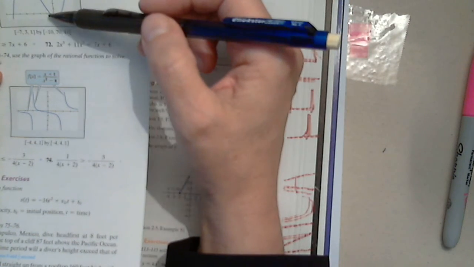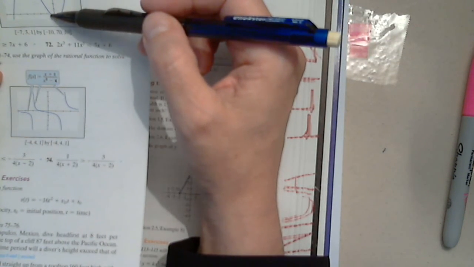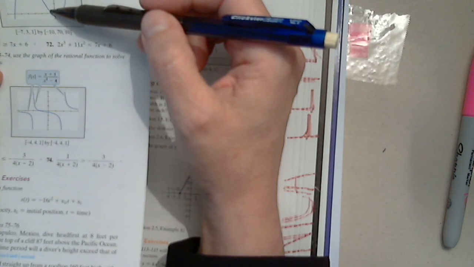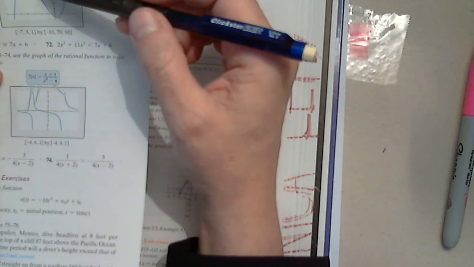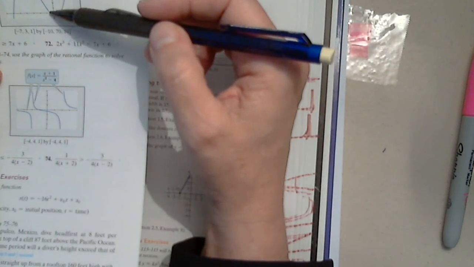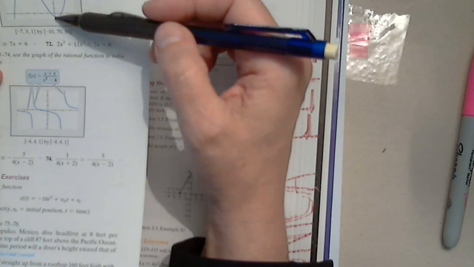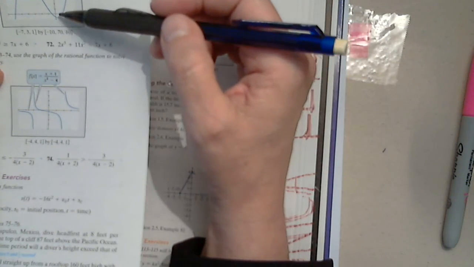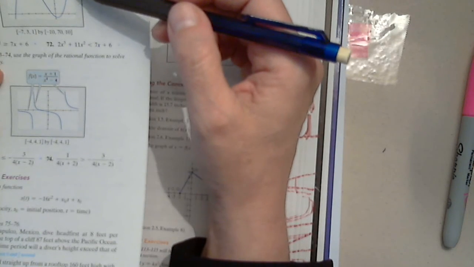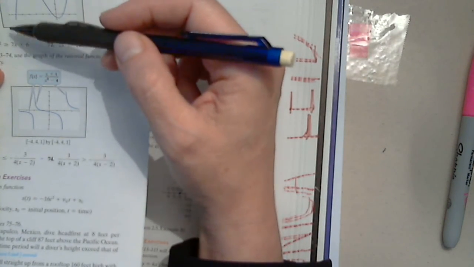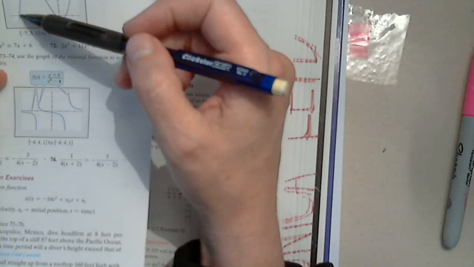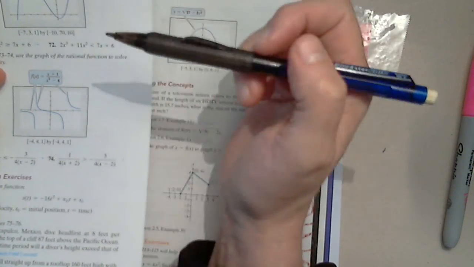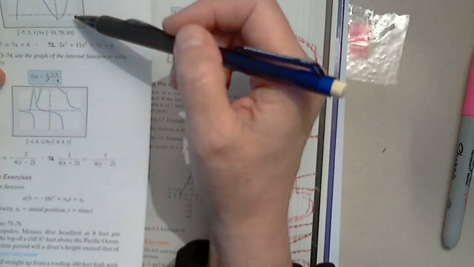From negative 6 to negative 0.5, the function is positive. From negative 0.5 to 1, the function is negative. From 1 to infinity, the function is positive. From negative infinity to negative 6, the function is negative. I don't care for that. I just want positive. So I'm going to write between negative 6 and negative 0.5, union 1 to infinity.